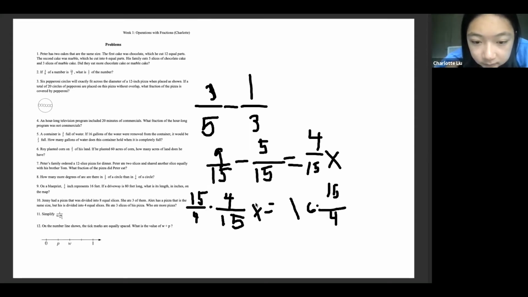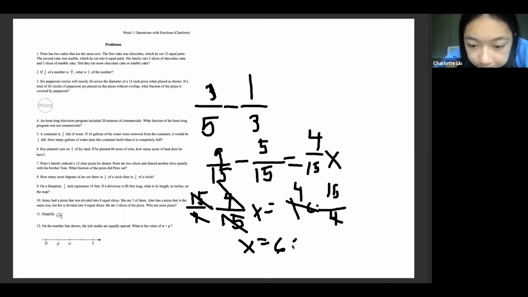And with cross multiplication, you'll get this side as x, and this side you'll cancel it out and you'll get 60. And you need units, so 60 gallons.